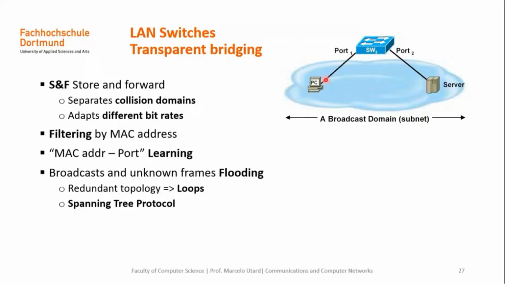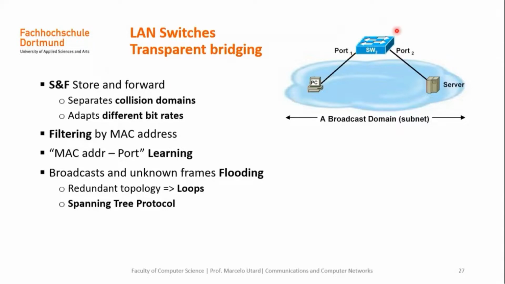In the case, for instance, of a broadcast frame, that is a frame destined to the broadcast MAC address, the switch will perform what we call flooding. That is, the switch will forward that frame over all the other ports, but not over the same port.